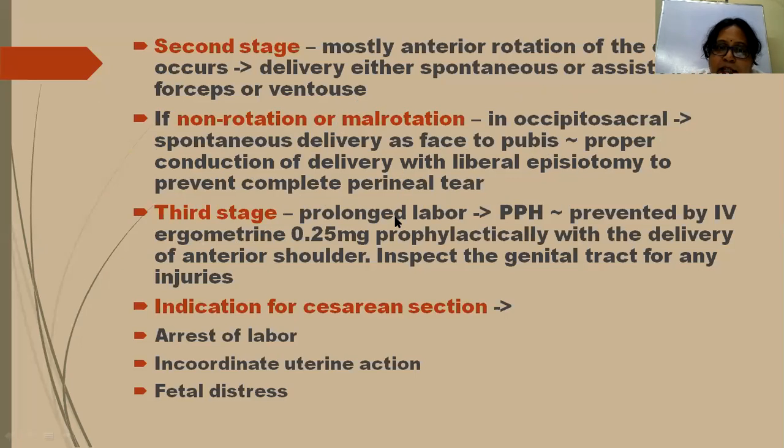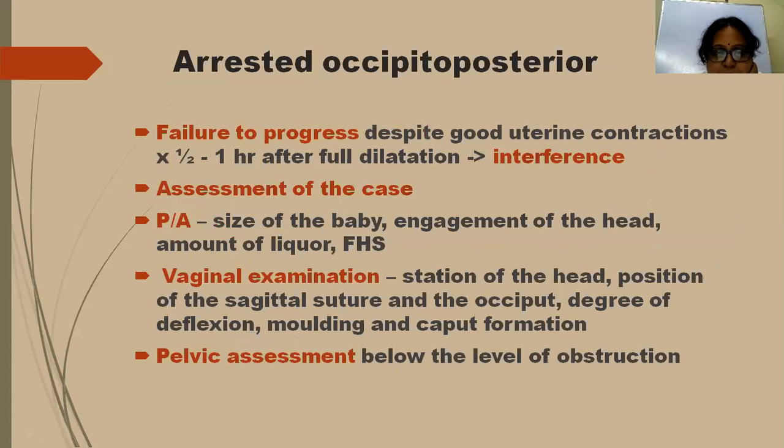And third stage, since it is prolonged and there are more chances of PPH, it can be prevented by giving intravenous ergometrine 0.25 milligrams prophylactically with the delivery of the anterior shoulder, and inspect the genital tract later for any injuries. So in case of any problem, then you have to resort to immediate cesarean section.